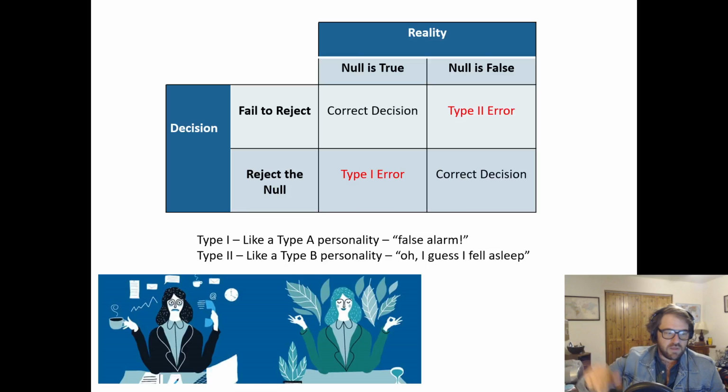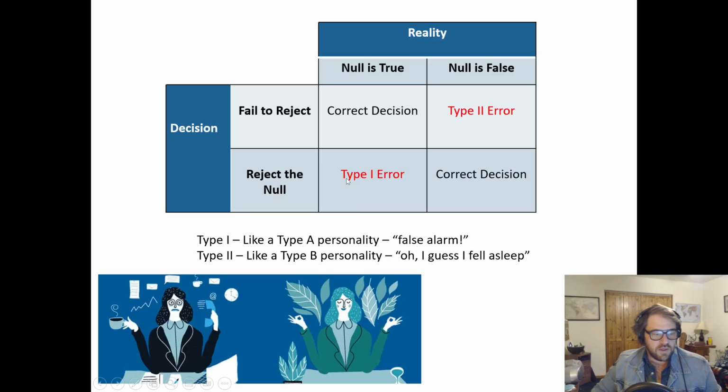Oh, no, sorry. That was a bird. And that's like a false alarm, right? So type A, type 1, false alarm. And if you look at it, the null is true, which means nothing is happening, but you've rejected the null. It's a type 1 error. It's a false alarm. You rejected the null, you said something was happening, but really it wasn't.